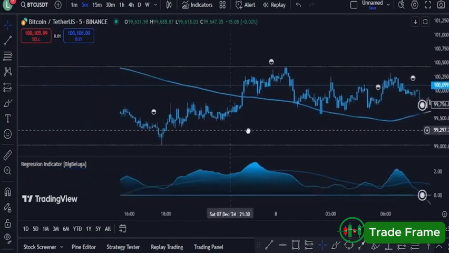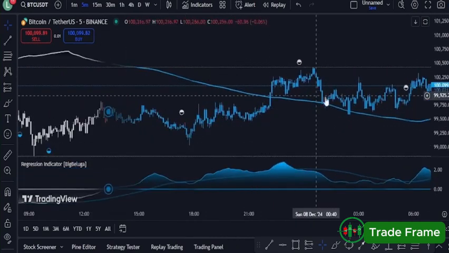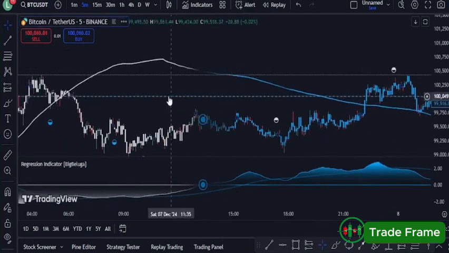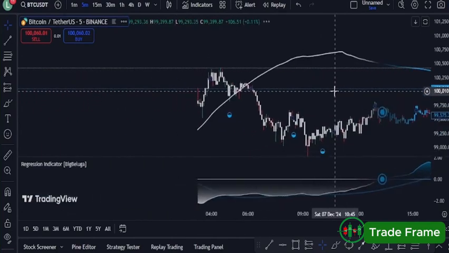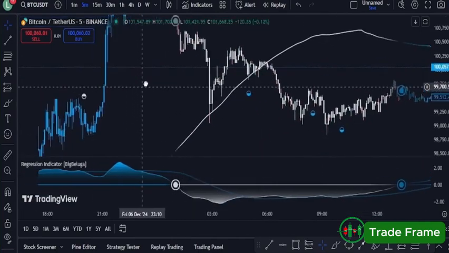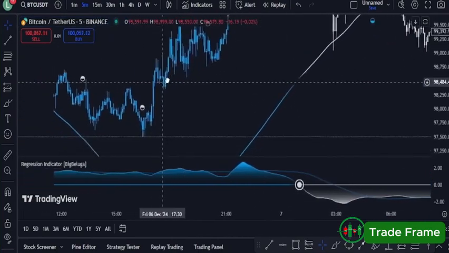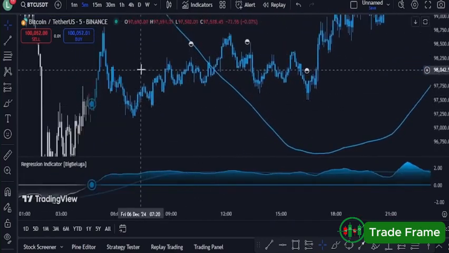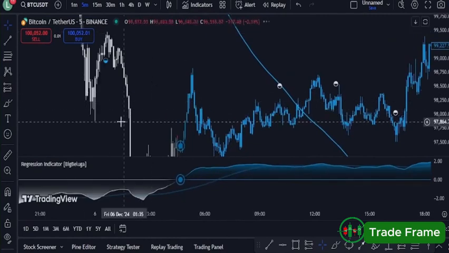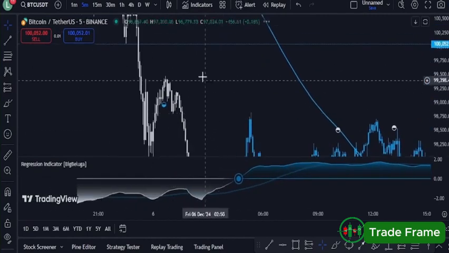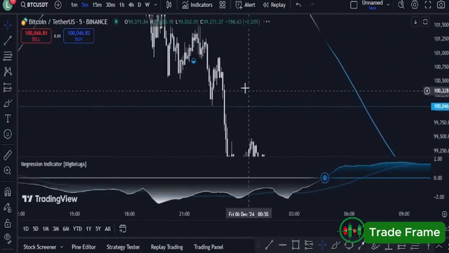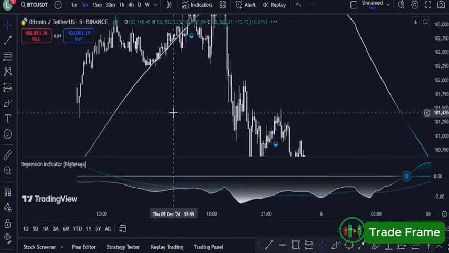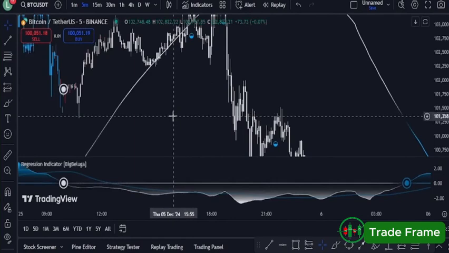When our candles are placed on this indicator and the color is blue, we are in an upward trend, and conversely, when we are in a downward trend, the color of this tool turns white, and our candles also turn white, and this average-like line also becomes white, indicating that we are in a downward trend.